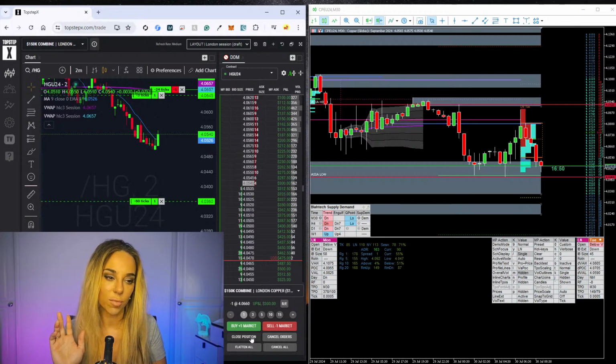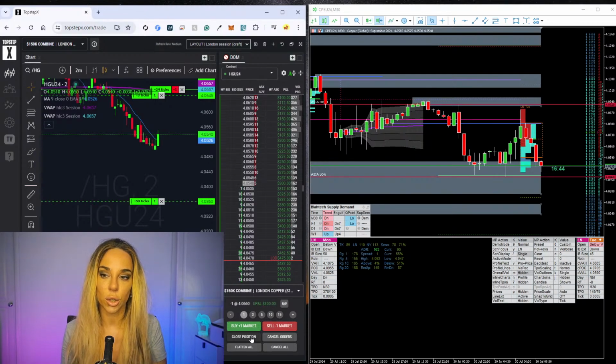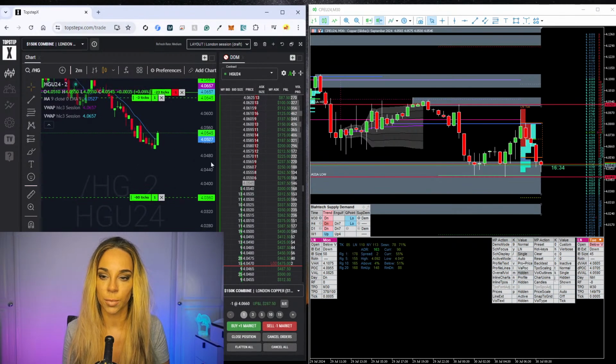So there is some possibility to have a continued movement. I just don't like that it just crossed over the 9 EMA with quite some strength. So I'm going to give it maybe another 30 seconds or so and then just get out.